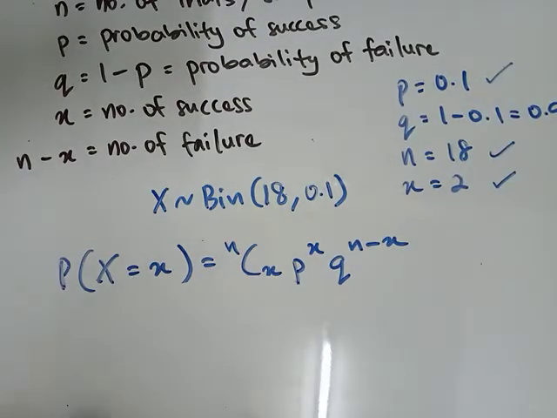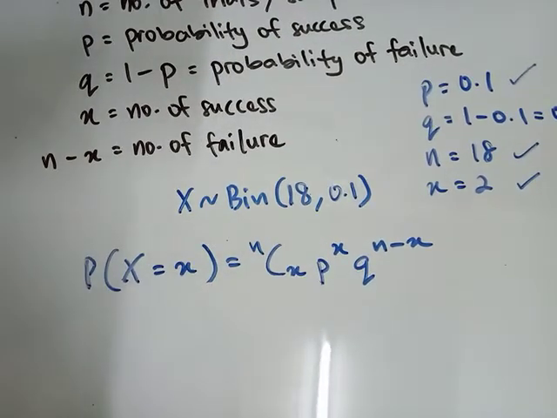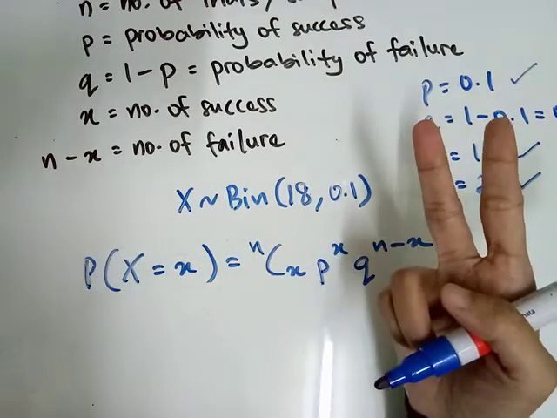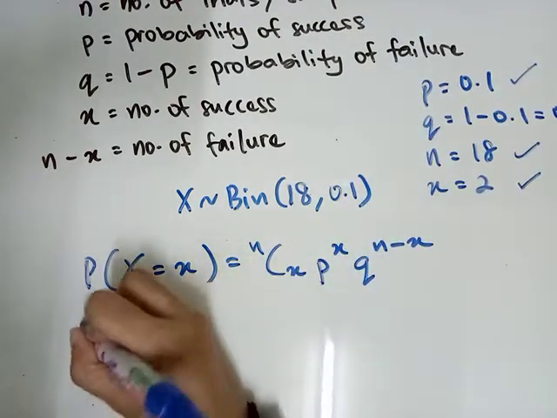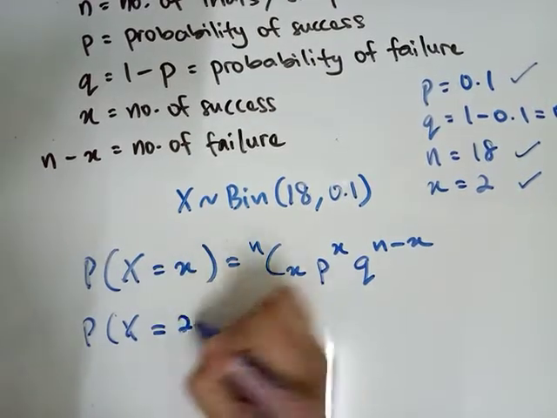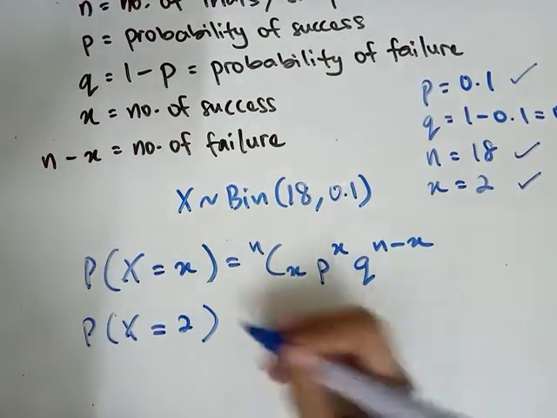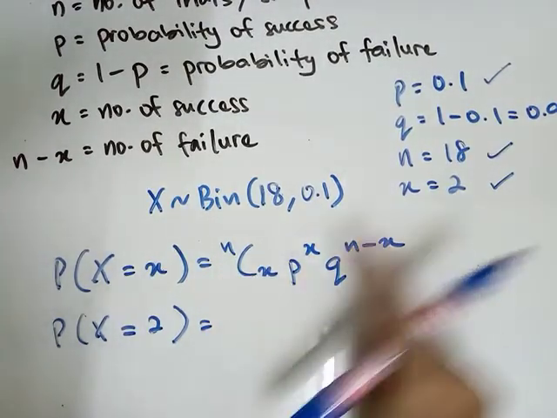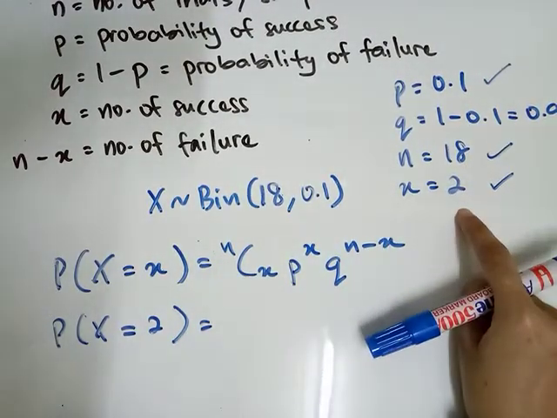Kita nak cari probability of the number of success. Okay, bila soalan minta only 2 samples, that means probability of random variable X is equal to 2, sebab dia kata only 2. And then substitute into formula NCX. We know that N is 18, X is 2.